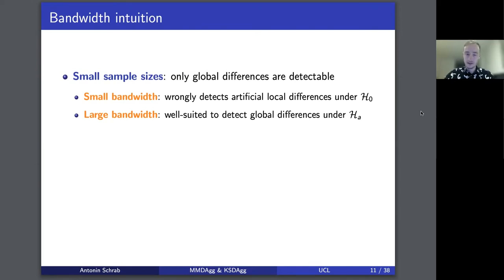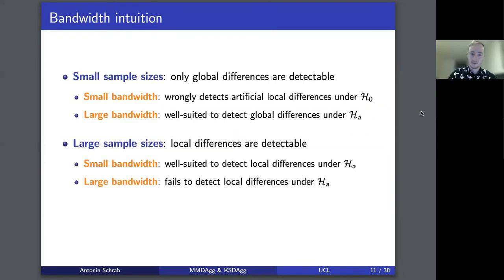This means that even though P is equal to Q, if we really look on a really small scale, then we're going to be able to find some difference, but this difference is going to be artificial, so it's not something we want. And for this case, if we have a large bandwidth, then that would be well suited to detect the differences which are global between P and Q.